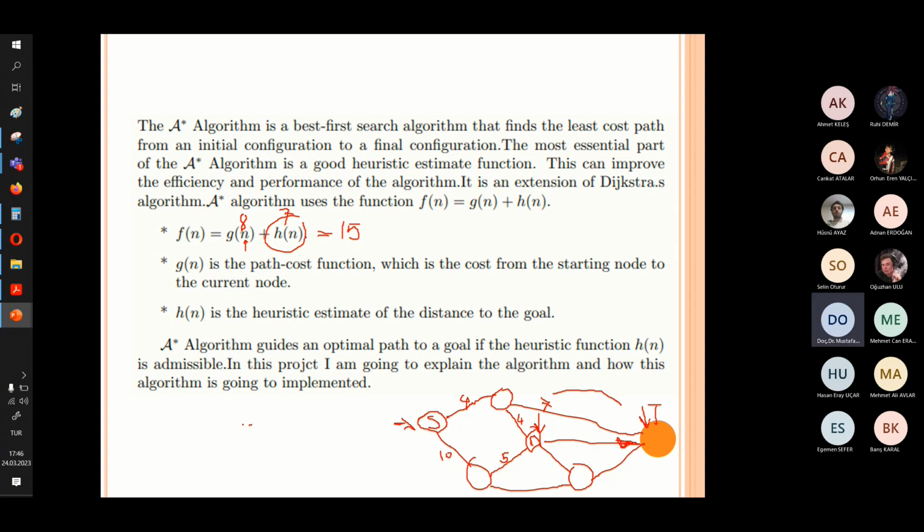What I mean is, your estimation should be, what was the exact word? Underestimate. You should estimate the total distance between the current one and the target, and it should be underestimated.